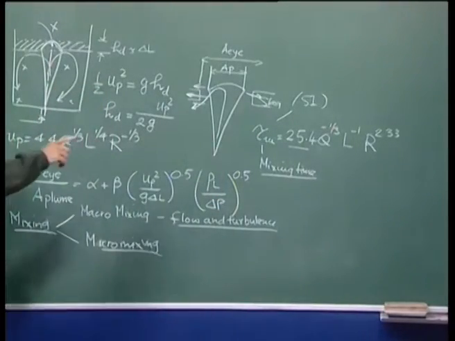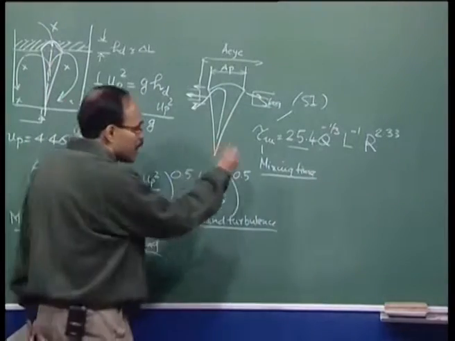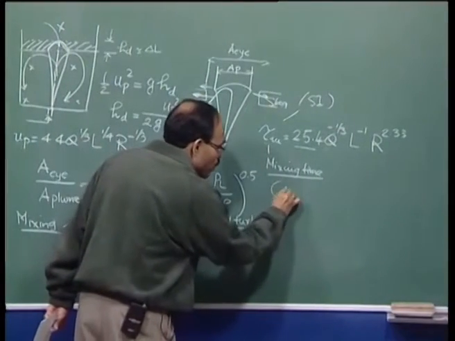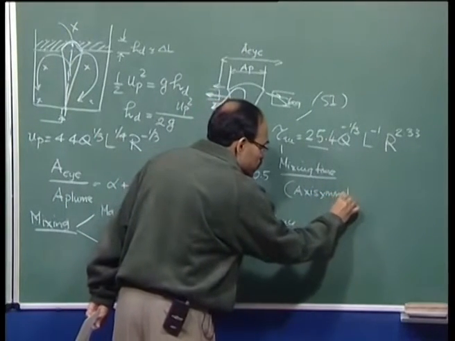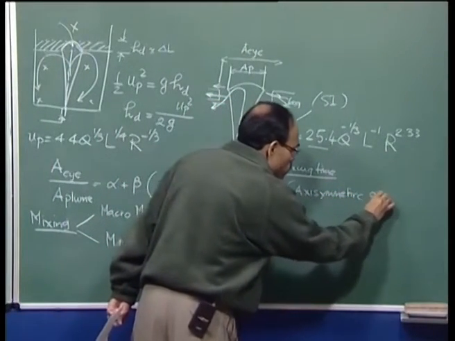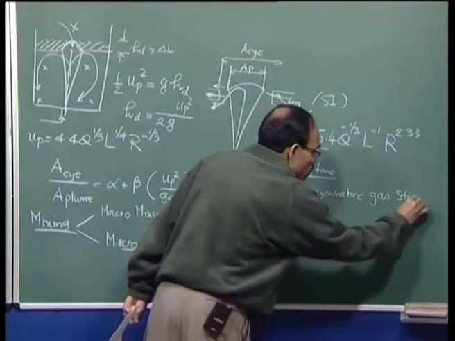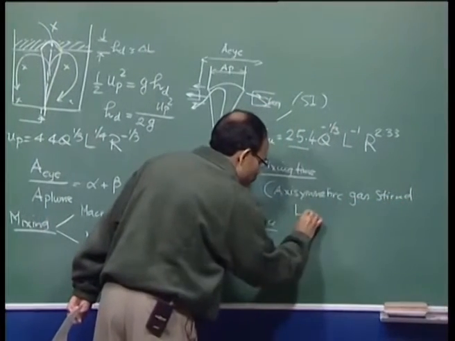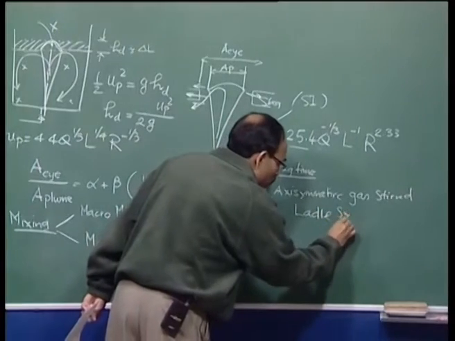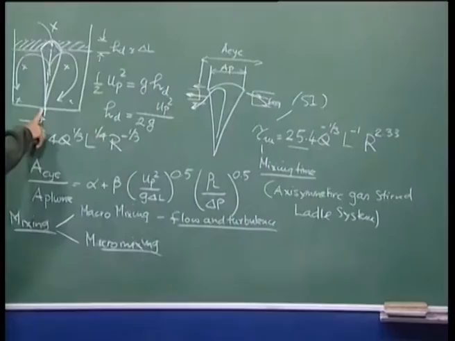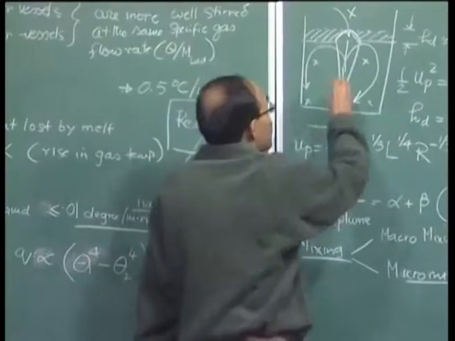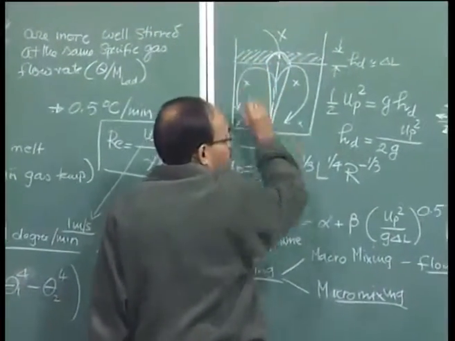Now, this correlation which I have shown here is an empirical correlation, and it is found to be valid for an axisymmetric gas stirred ladle. So, there is a single plug located at the center of the vessel, and for that particular case with negligible amount of slag, there is no slag layer here.